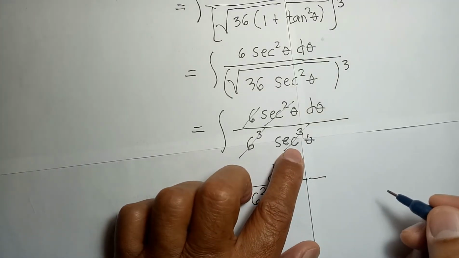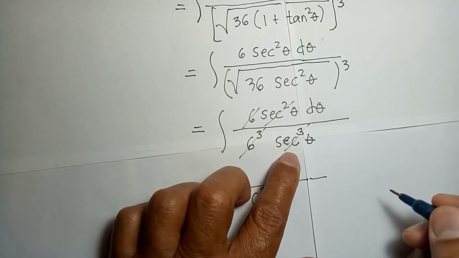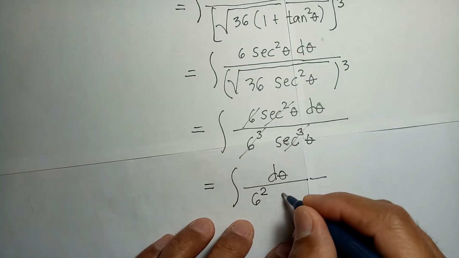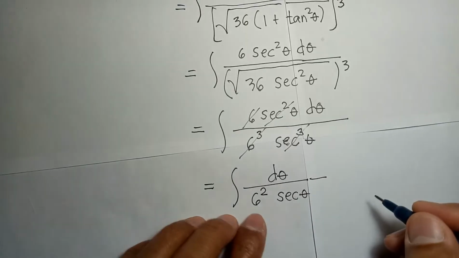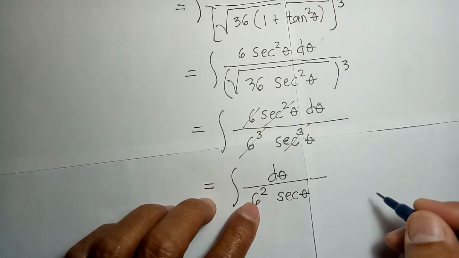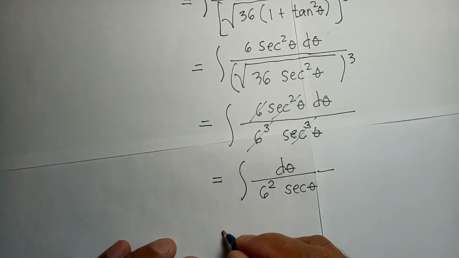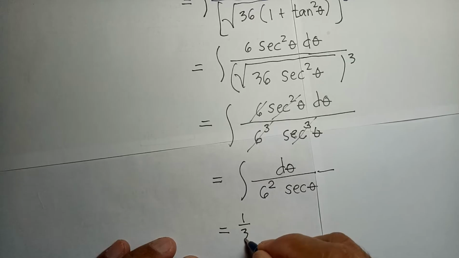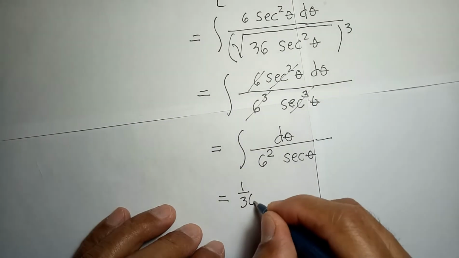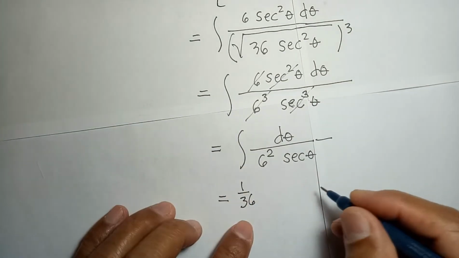Dito naman, sa secant cubed, dahil kinancel natin ang secant squared, natira na lang siya ng secant of theta. So, 1 over 6 squared, so that's 1 over 36. Lalabas natin yung 1 over 36, yung ating constant. Okay. Tapos meron tayong integral sign.